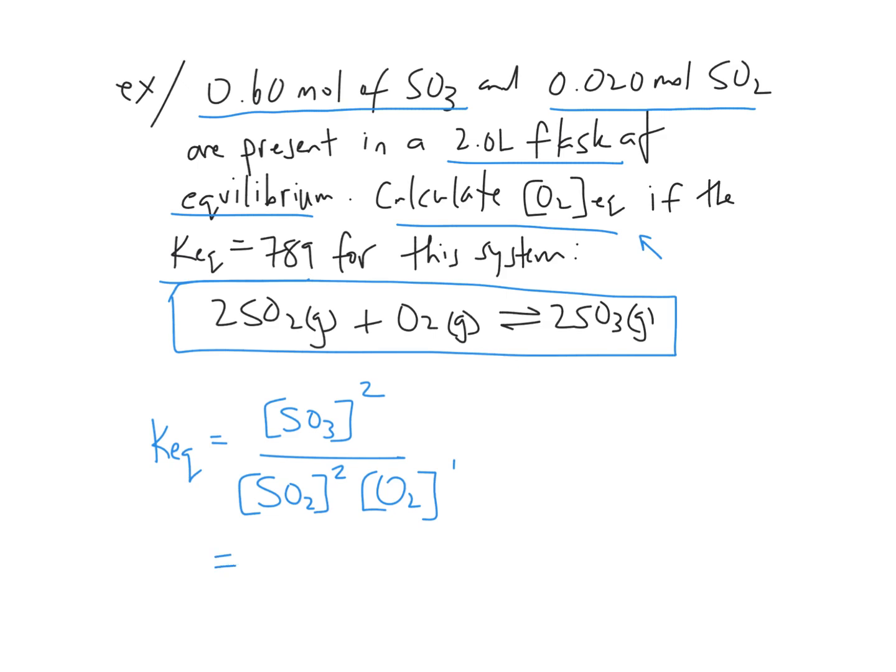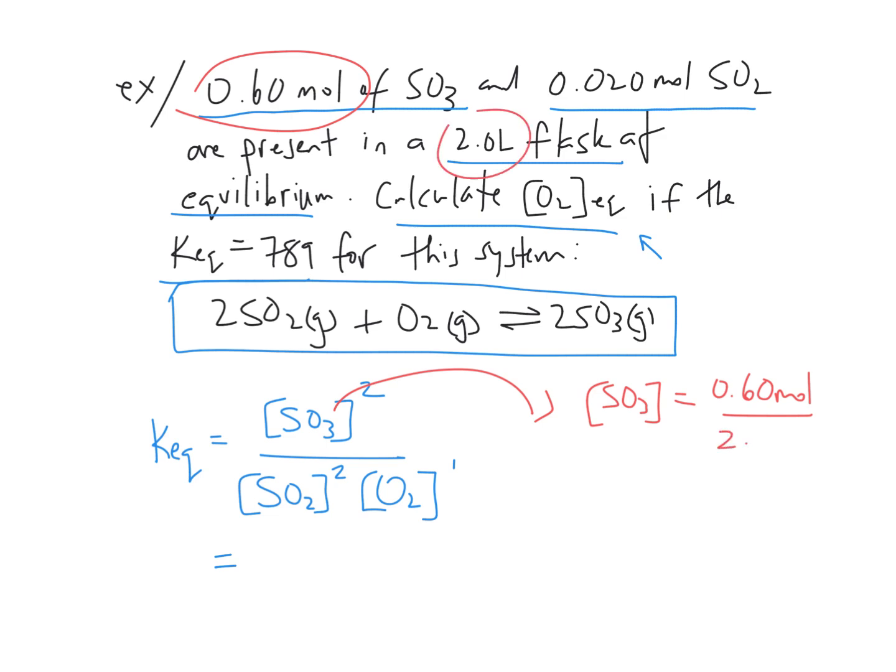What is the concentration then of SO3? Well, the SO3 concentration is going to be equal to the number of moles of SO3, 0.60 moles, divided by the total volume that it's in, which is a 2-liter flask. You don't have to divide up that volume among them.